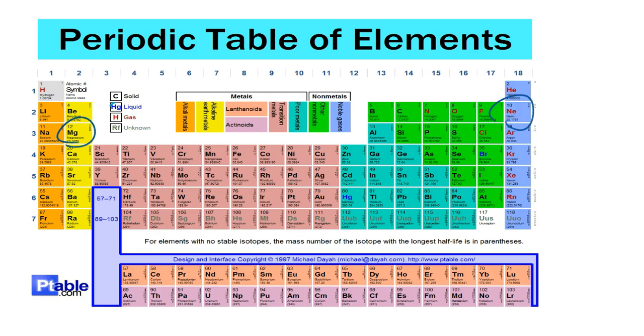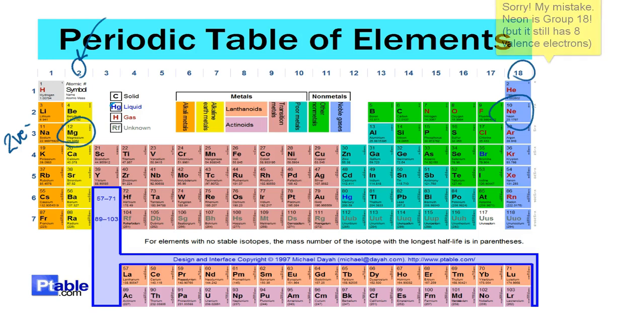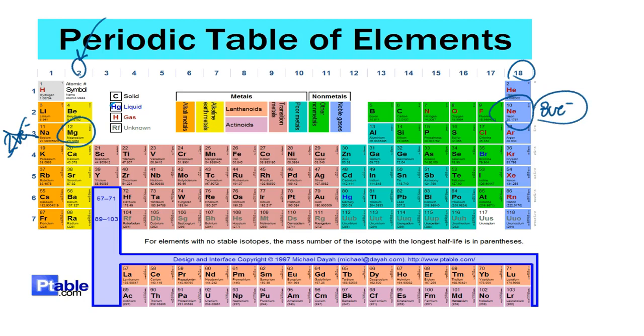Now, if you recall our rules for finding the number of valence electrons for main group elements, since magnesium is in group 2, that means that magnesium has 2 valence electrons. And in order to get an octet of electrons, because neon is in group 8, so that means neon has 8 valence electrons, then if magnesium loses its 2 valence electrons, it'll end up with the same configuration of 8 valence electrons that neon has.